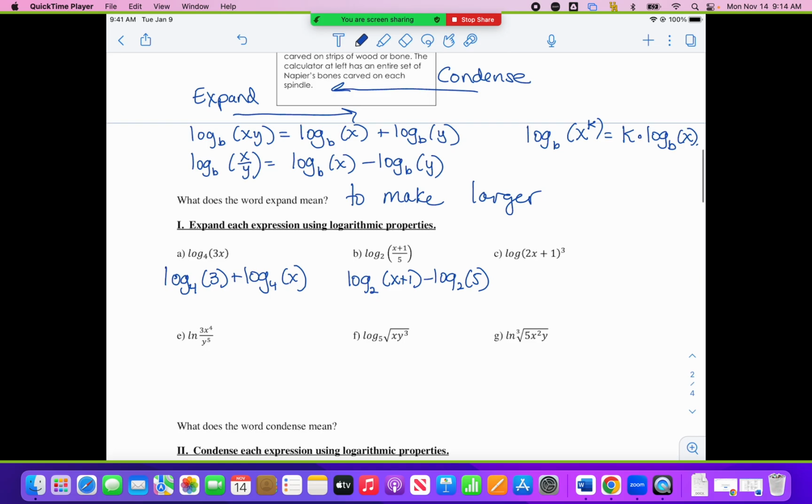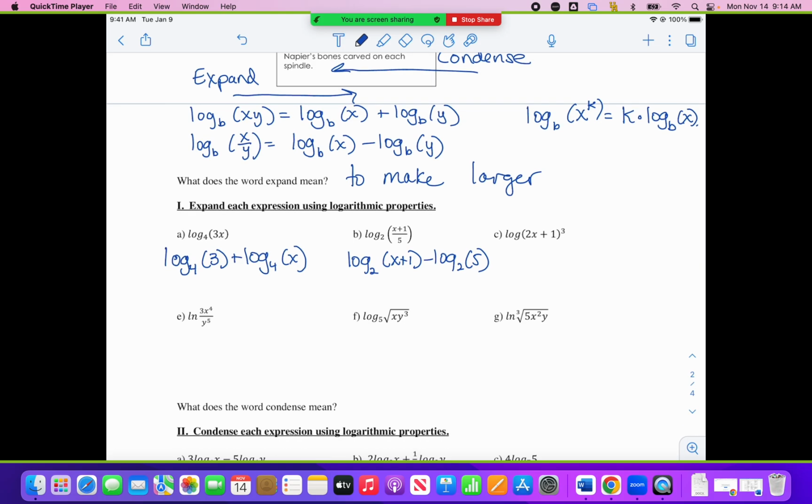All right, letter C. Now, what does LOG with no base shown? What's the base? 10. Okay, that's my common log. Remember? LOG means log base 10. It's called the common log. So in letter C, I have log, the quantity 2x plus 1 cubed.